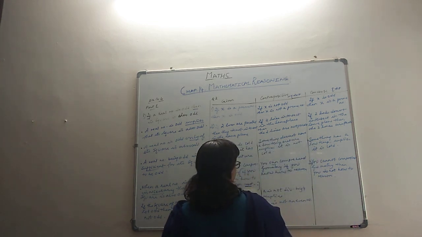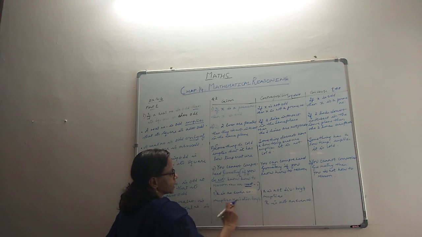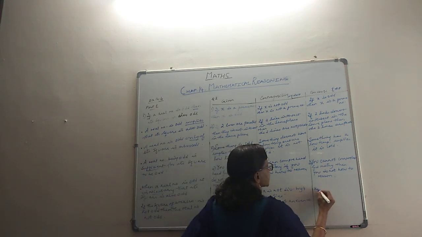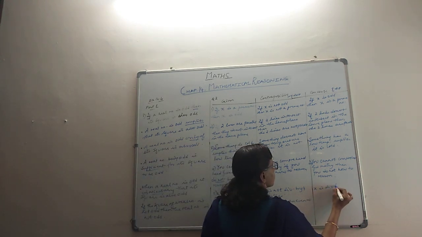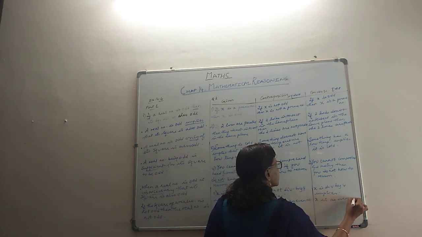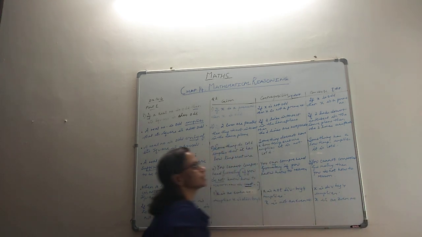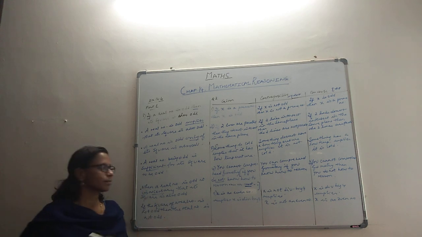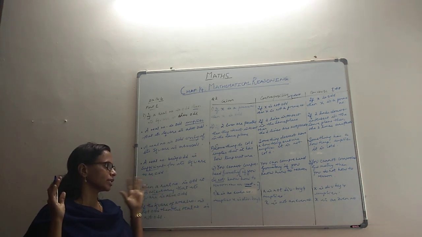Then x is an even number implies x is divisible by 4. So x is divisible by 4 implies x is an even number, right?